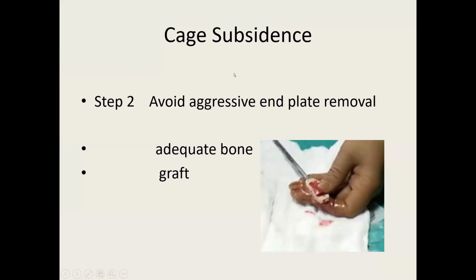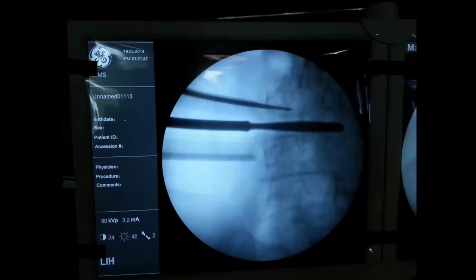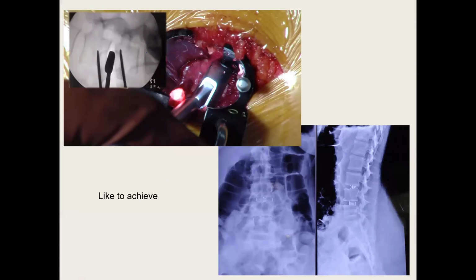The second step is to avoid aggressive end plate removal, and then use adequate bone graft in your OLIF cage. While doing this, do not be very aggressive in removing the epiphyseal plate. That also has a higher chance of graft subsidence. Be very gentle, use the proper size.